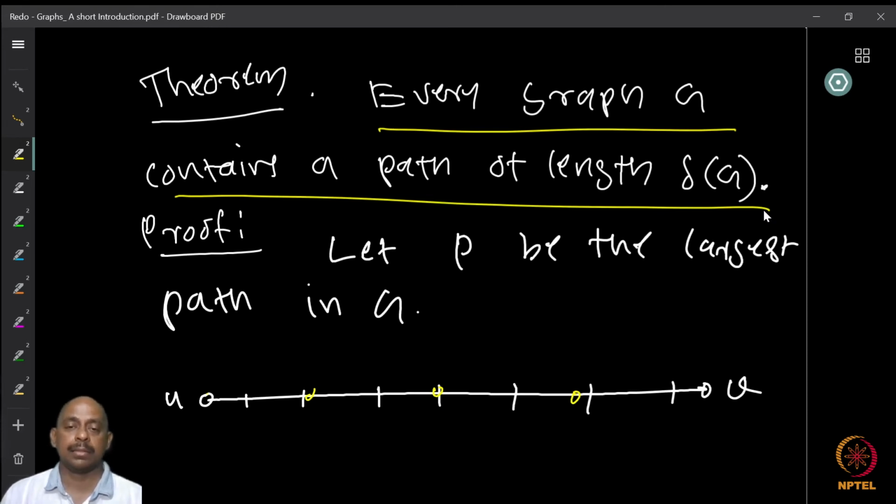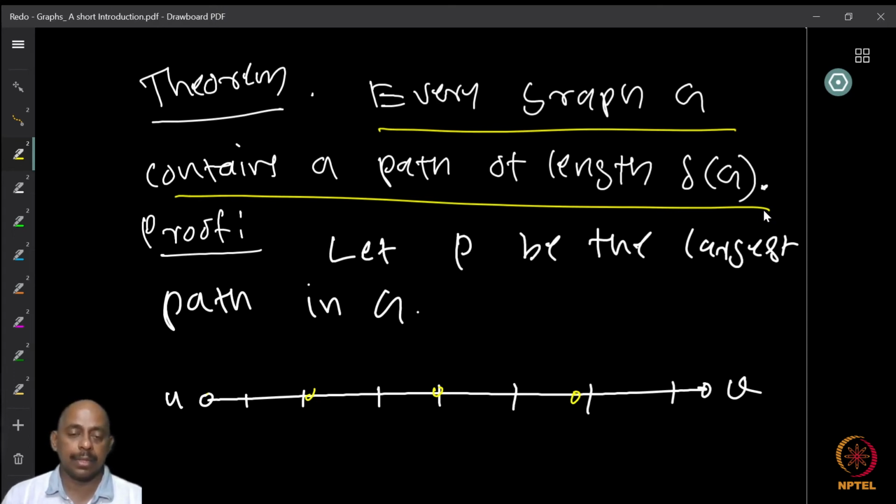And since it is a path, I know that all these edges are present in the graph. So you have a UV path, which is the largest path in the graph. Now, can we use this information to say that every graph G contains a path of length equal to the minimum degree?